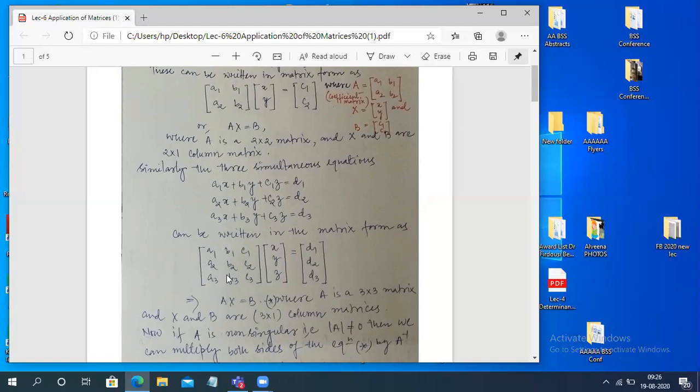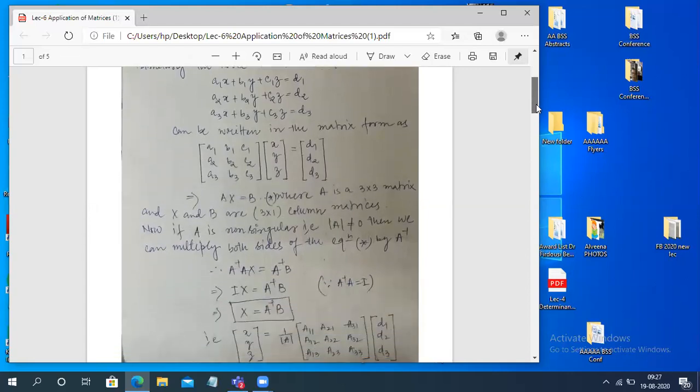And the third row of A will be formed with the coefficients of x, y, z given in the third equation. So this is your coefficient matrix A, and capital X is formed with the unknowns x, y, z, and B is formed with the constants given on the right hand side of the given linear equations, and these are d1, d2, d3. So this is the matrix form of the given system of linear equations, AX is equal to B.